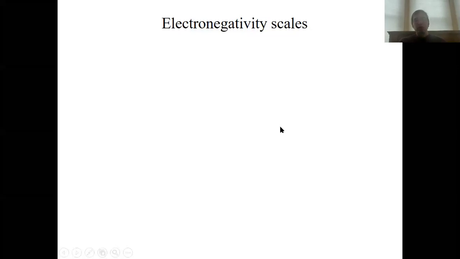The Pauling scale was the first scale, and it's actually still the most popular scale, but it doesn't relate the electronegativity to the quantum mechanical properties of the atom. It derives electronegativities empirically from bond dissociation energies.